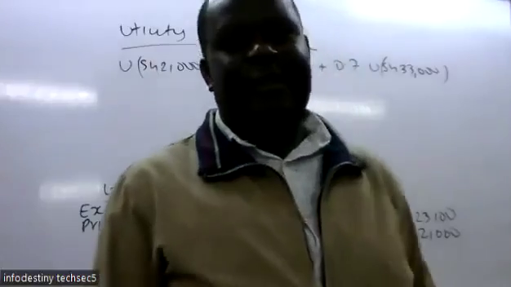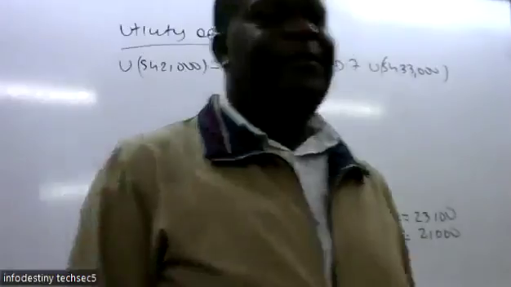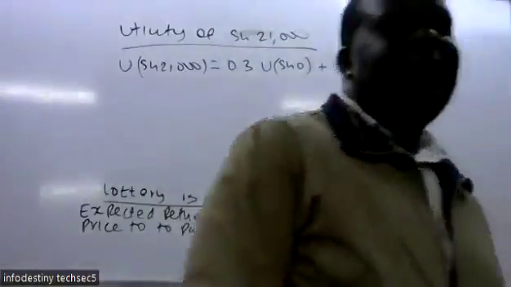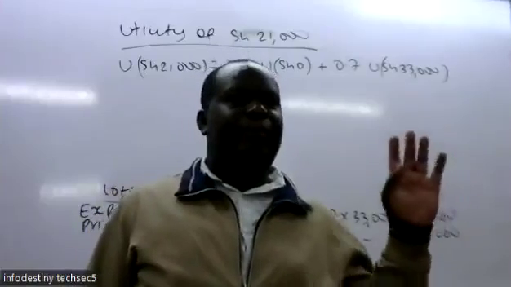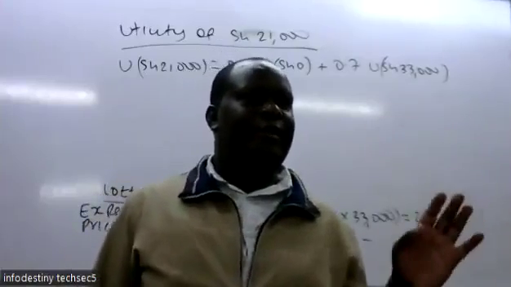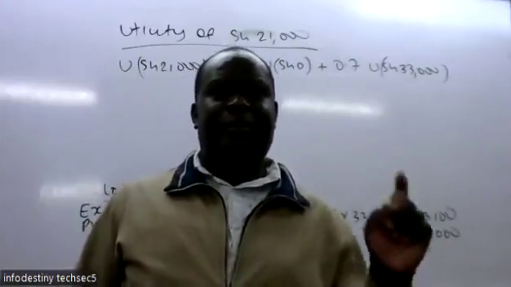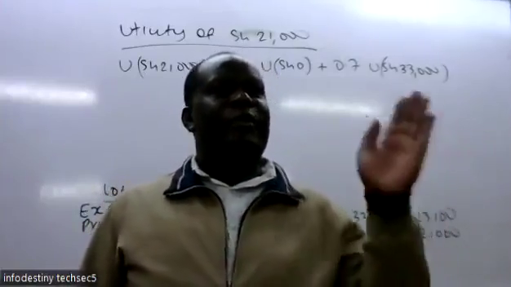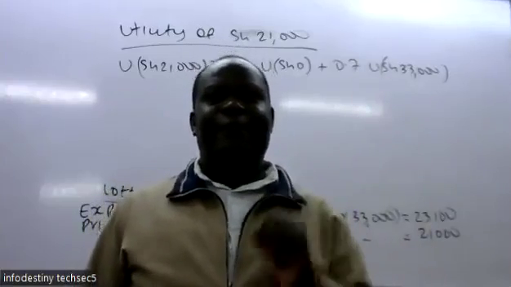Because we calculated the utility of that 3,000 shillings. We got 0.5. So satisfaction of paying and receiving will remain the same. In the first lottery, he was willing to pay that 3,000 shillings and he got 0.5 utils.